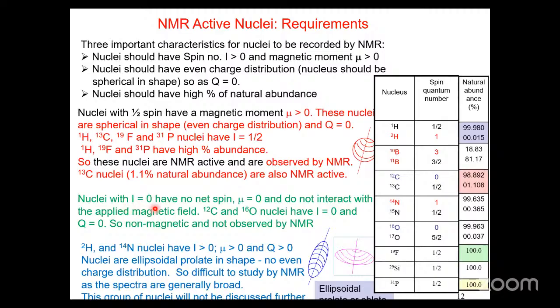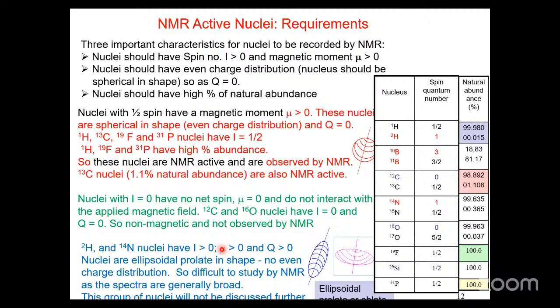Nuclei with I equal to 0, like we just talked about, carbon 12 and oxygen 16, have I equal to 0 as well as mu equal to 0. So they will not interact with the applied magnetic field, and hence they are NMR non-active nuclei. Coming to deuterium and nitrogen 14, both have spin quantum number 1.